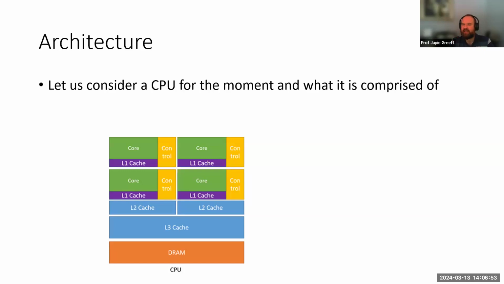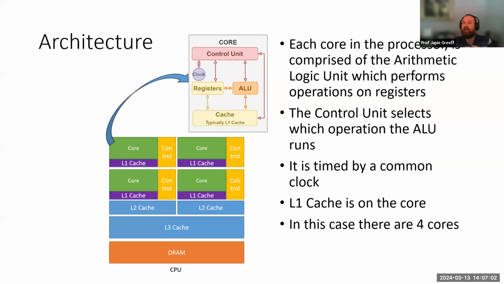Okay, so we'll take this generic view of a CPU, and we will look first at the basic building block there, which is the core. Inside of the core of a CPU, obviously most CPUs you buy these days, unless they are embedded systems, have multiple cores per CPU.